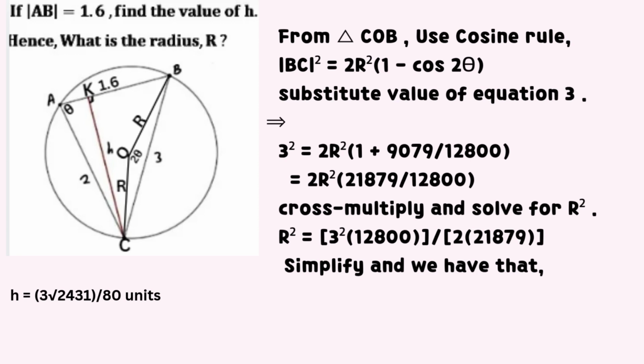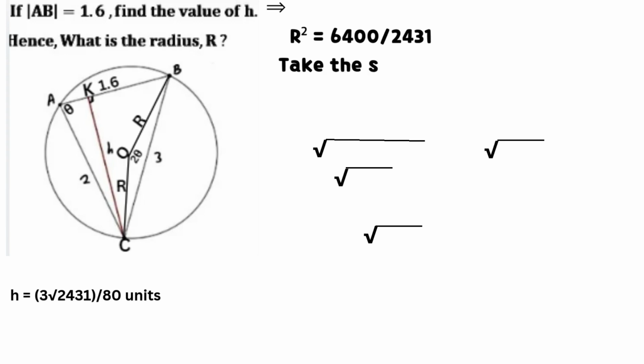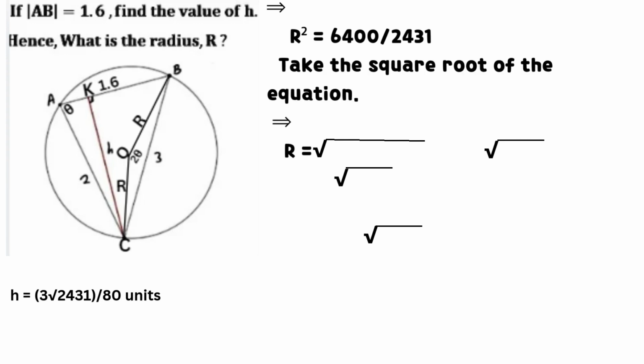Simplify and we have that the square of r equals 6400 divided by 2431.